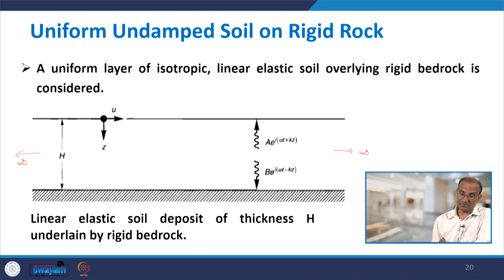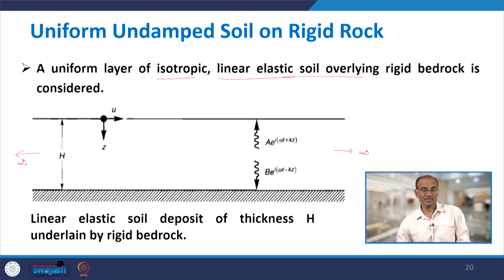U is the displacement or particle motion in the x direction, and Z is the depth, considered positive going downward. So, it is a linear elastic soil deposit of thickness H underlain by rigid bedrock, with the assumption of a uniform, isotropic linear elastic soil layer.